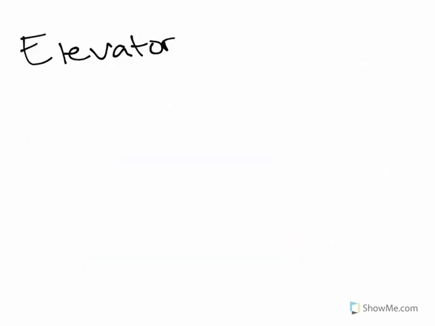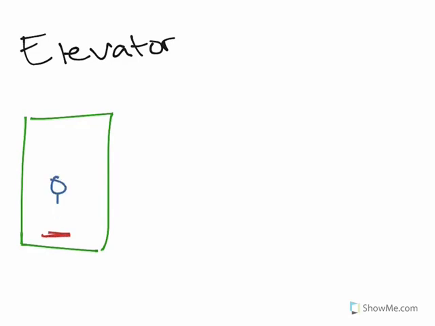Next up, we have the elevator lab. Okay, in the elevator lab, you have an elevator, obviously, a scale, and a person standing on that scale. Now, the question is usually going to ask something along the lines of what is the force of the scale or what acceleration they're experiencing.